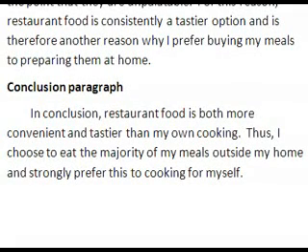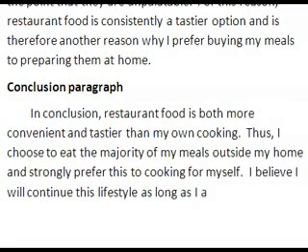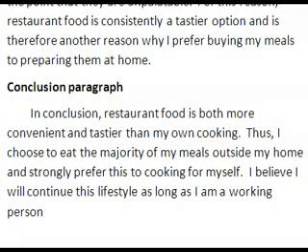So I believe I will continue this lifestyle as long as I am a working person. I believe I will continue this lifestyle as long as I'm a working person. Not the greatest conclusion I've ever written, but I'll take it.